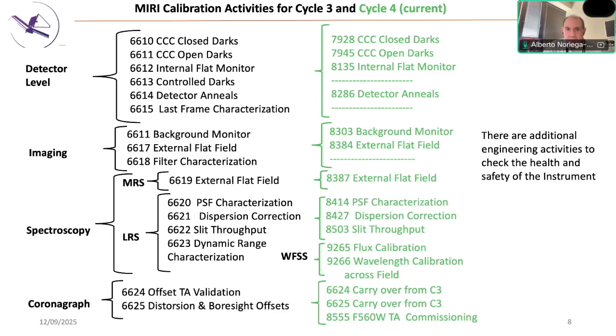We take darks and flats. We do have thermal anneals, unlike the near-infrared detectors. We also characterize the last frame. We look at the background, the throughput, the dispersion, the PSF. And so a lot of things aiming to have the most accurate calibration of the different observing modes.